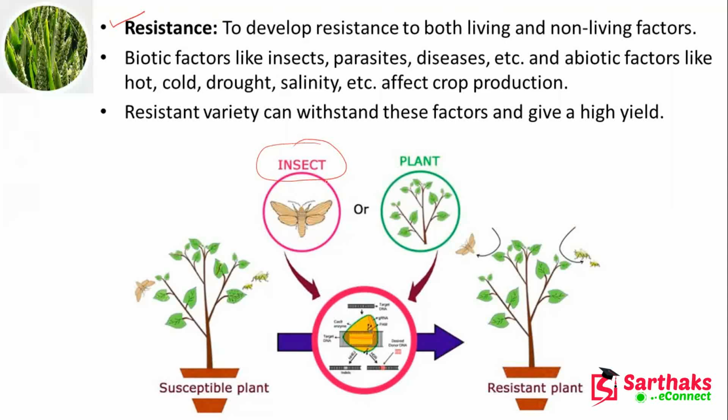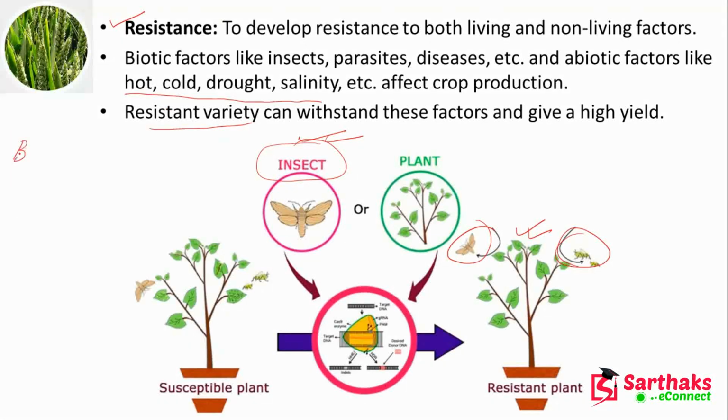So a resistant variety will withstand these factors and give high yield. That means those plants have some resistance to the insects or pests, and they are least affected by abiotic factors like hot, cold, drought, salinity.